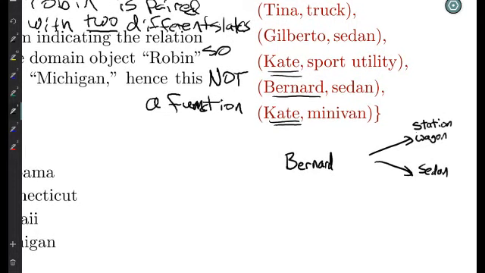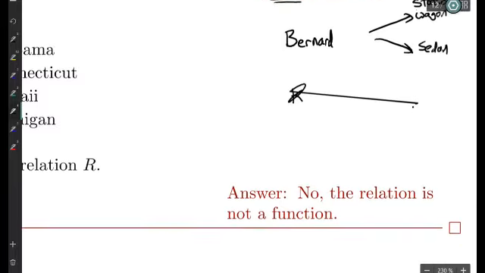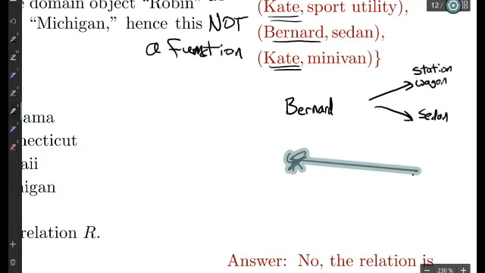And we have Kate. Kate maps to sport utility.